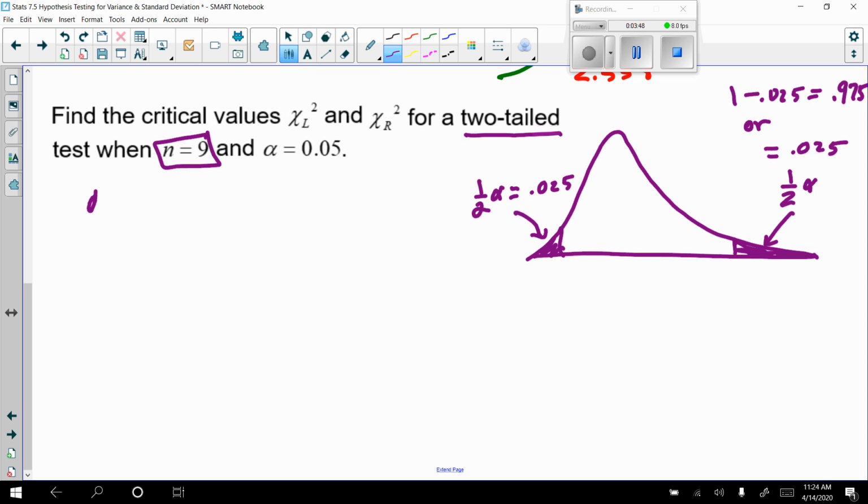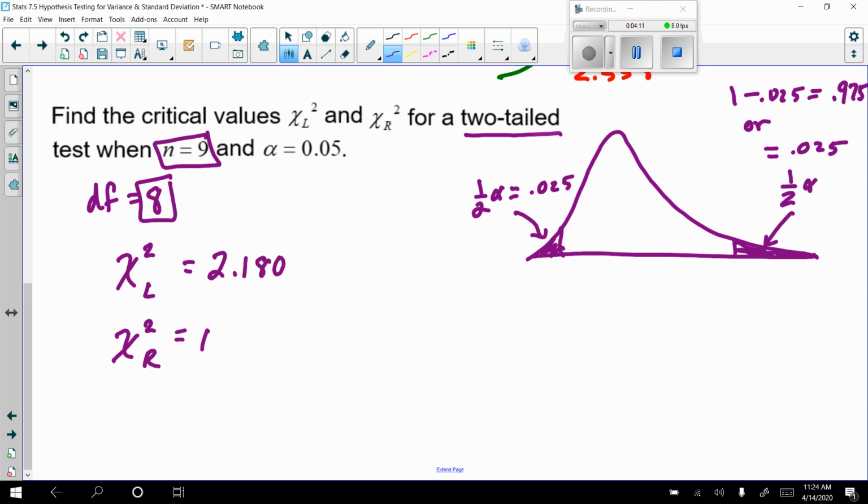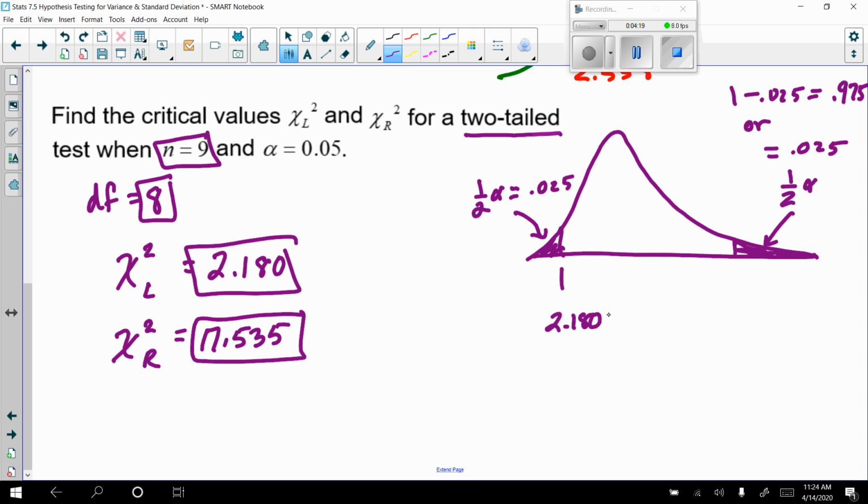Our n is 9, therefore our degrees of freedom is 8. Using the degrees of freedom of 8 and 0.025 and 0.975, we can get our chi-square left value and our chi-square right value. Our left value is 2.180 and our right value is 17.535. That means any number smaller than 2.180 or larger than 17.535 would result in a rejection of the null hypothesis.